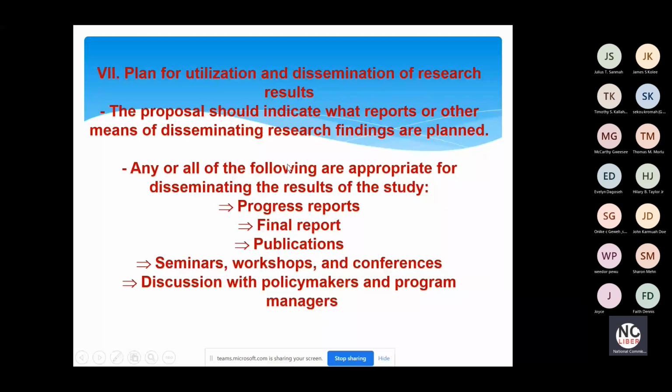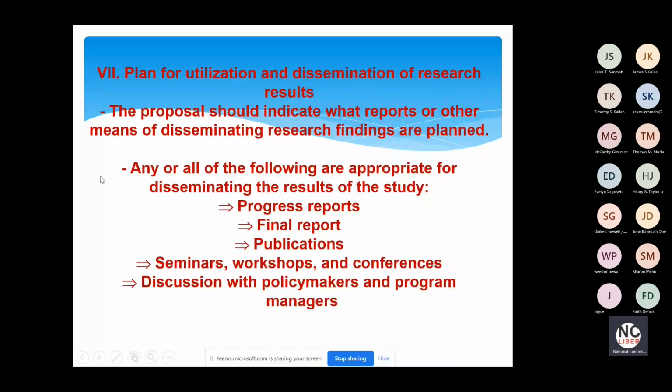You can use all the different methods. You can give a report only looking at maybe publication, or you can do a defense, you can do presentations in different groups. So you could use any of the methods, or you could use all of them.